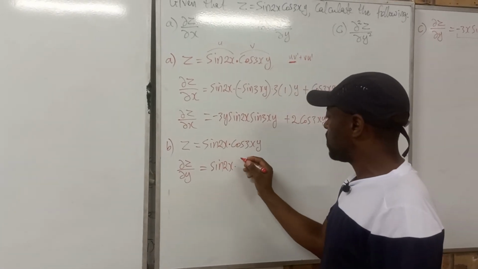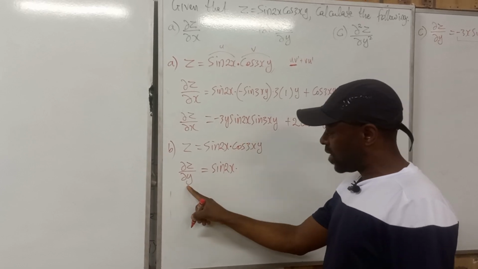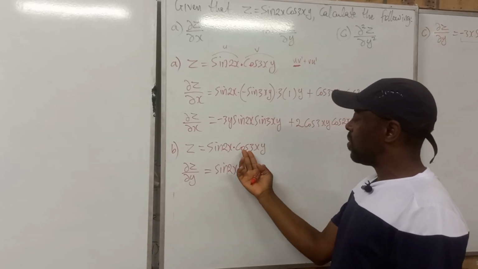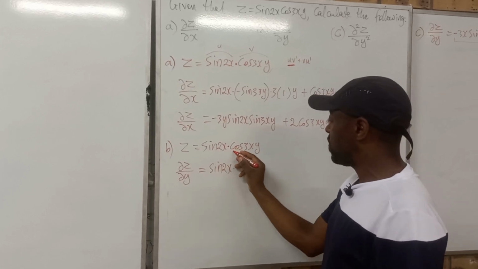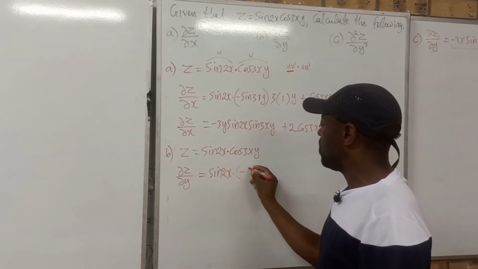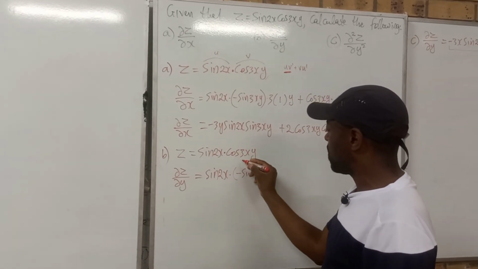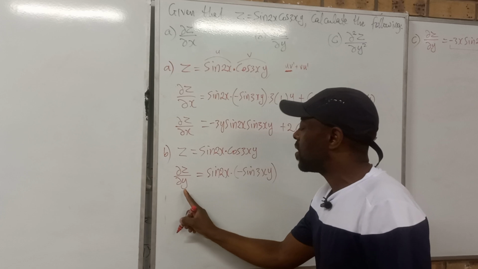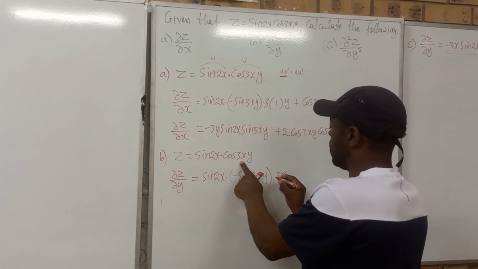Then I'm only differentiating cos 3xy with respect to y. And to do this, I'm applying my chain rule, where I will differentiate cos first to give me negative sine 3xy. Then I differentiate 3xy with respect to y. That means I will capture 3x the way it is.